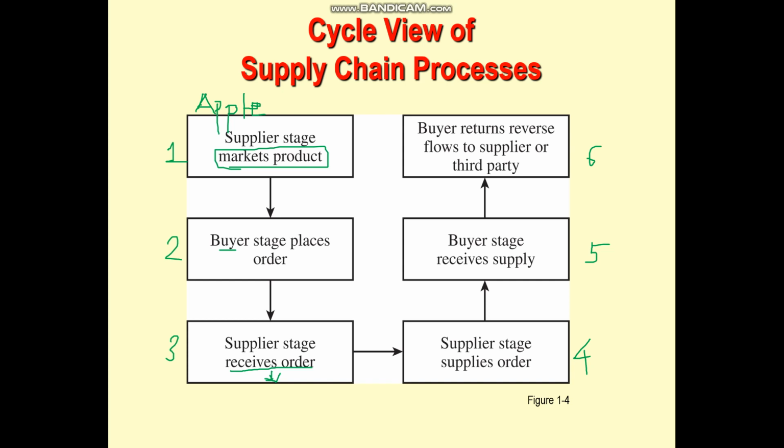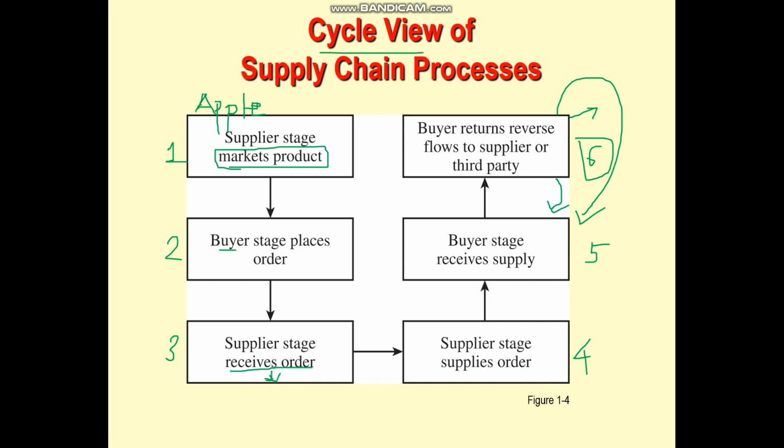And in the next stage, the customer will receive the iPhone. After the buyer receives the iPhone, they will give some feedback to the supplier, or after they finish using it, they can return the used product back to the supplier so that the supplier can remanufacture the products.